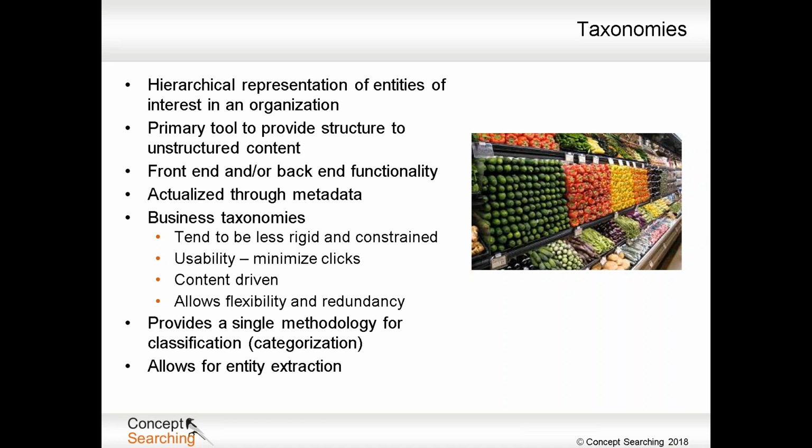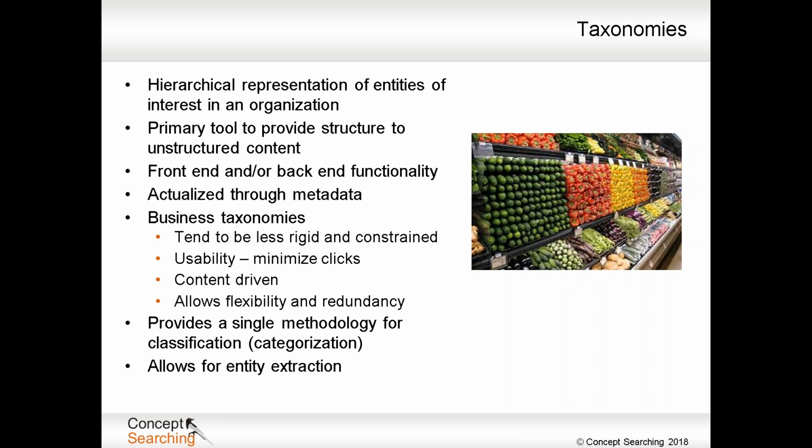Business taxonomies tend to be less rigid and constrained than other taxonomies, say, for example, organizational unit taxonomies or structured taxonomies built by librarians for our organization. Their point is, of course, to minimize the number of clicks and to minimize the amount of time that end users are using to manage that metadata.